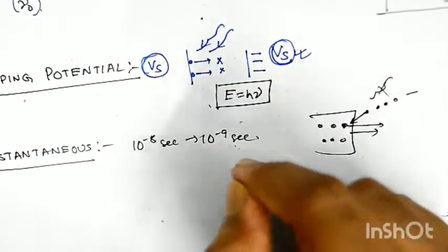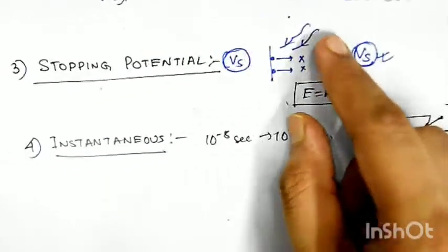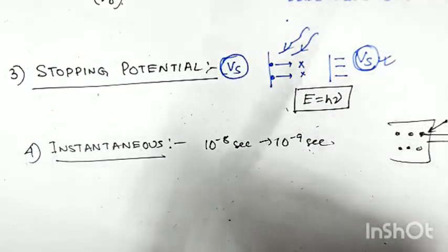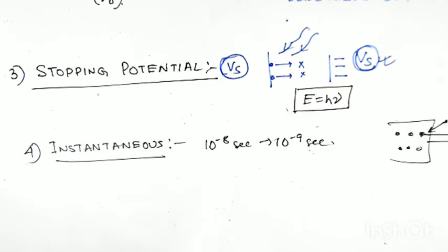That is why it happens so fast, unlike the wave theory. That is how we can explain the instantaneous problem. This is how Einstein solved this problem, which gave him the Nobel Prize in Physics. So this is what we learn about the photoelectric effect.